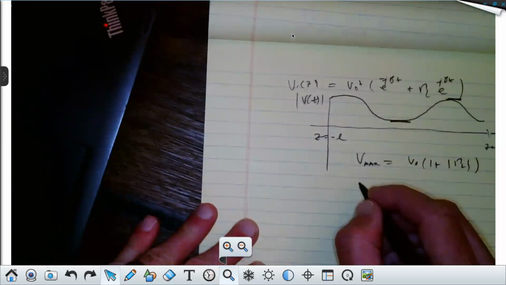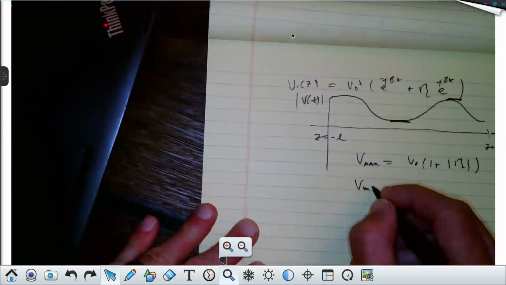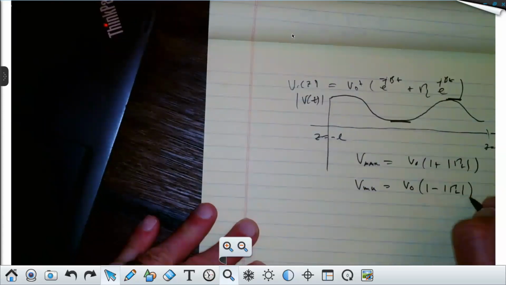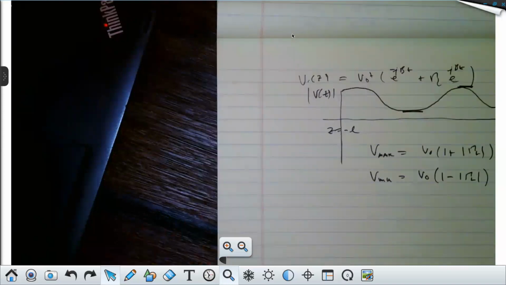Now V minimum, the minimum value, would be V0 plus times 1 minus the magnitude of gamma L. All right, that's the minimum value. What we like to do when we talk about transmission lines is take a look at the ratio of the maximum to the minimum.